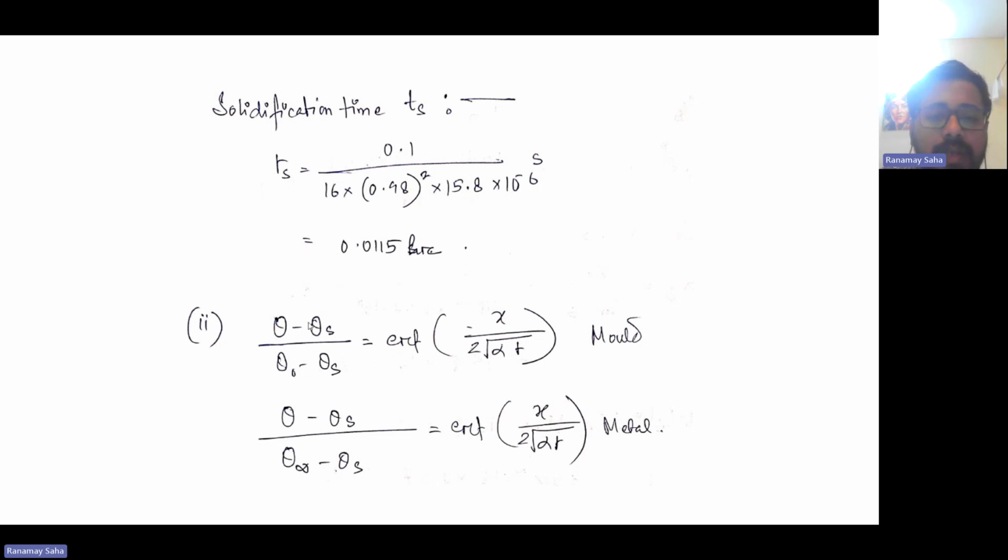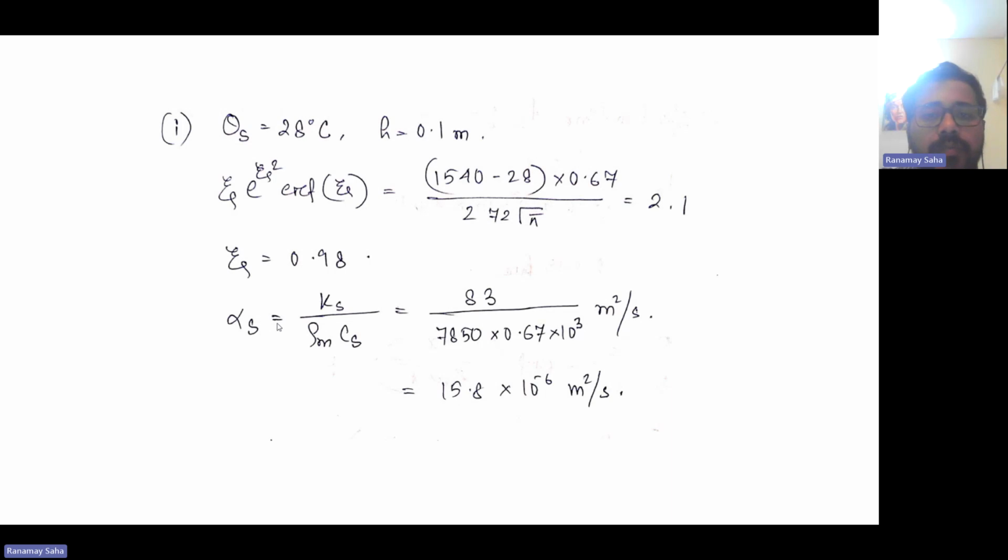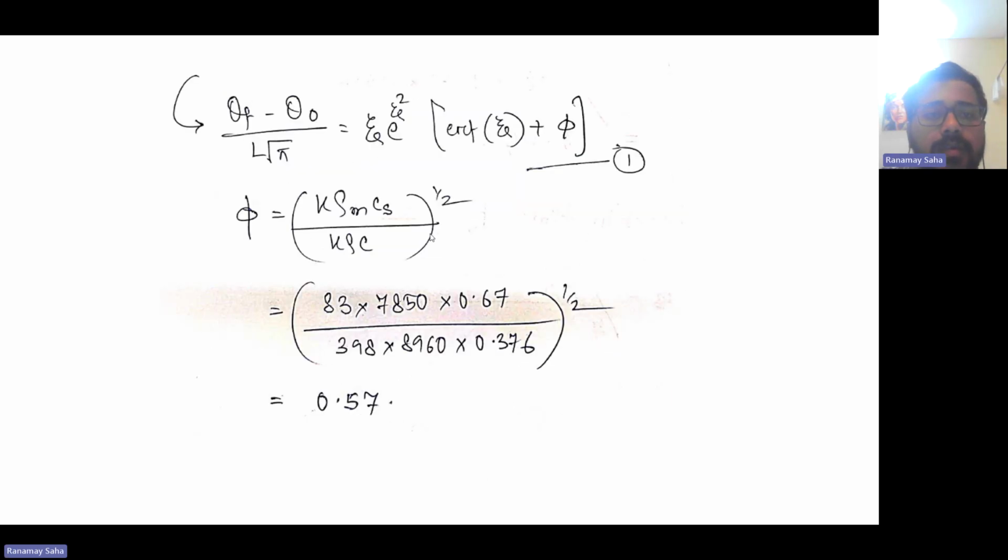Then you have this theta's value from the earlier part as 28 degrees centigrade, and you just plug in all those values. The freezing temperature is again given as 1540, and theta naught is given as 28. So just plug in those values to find out this phi.